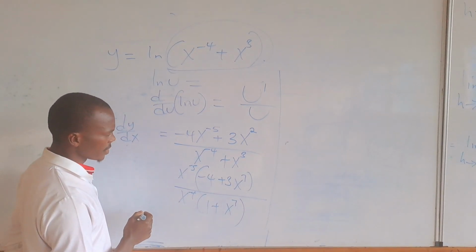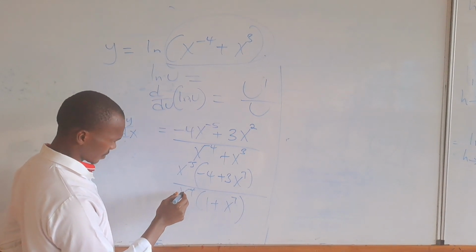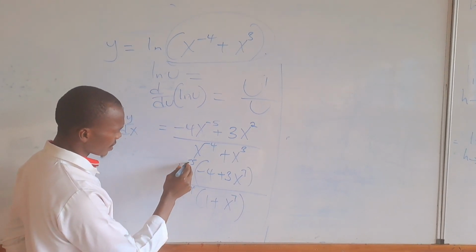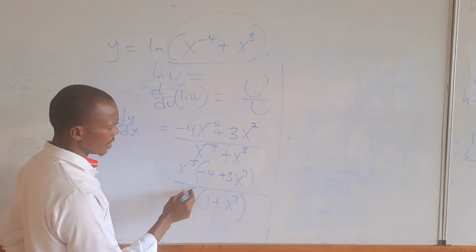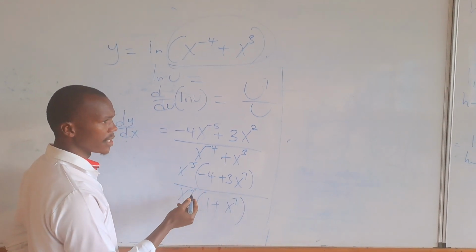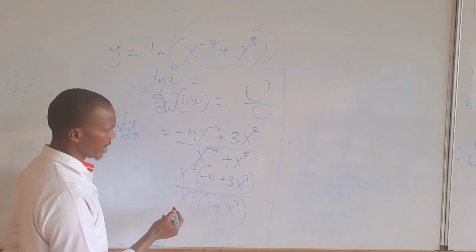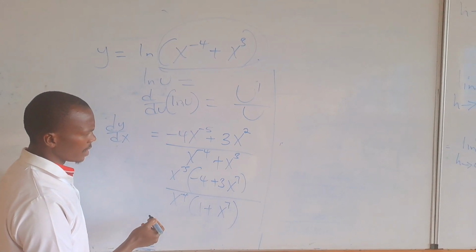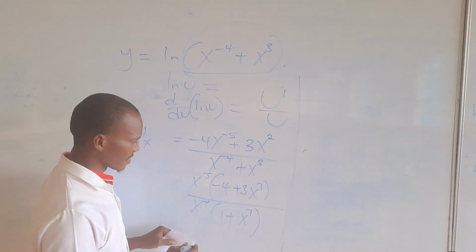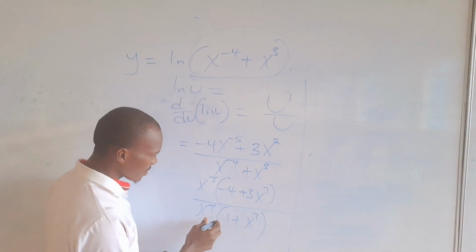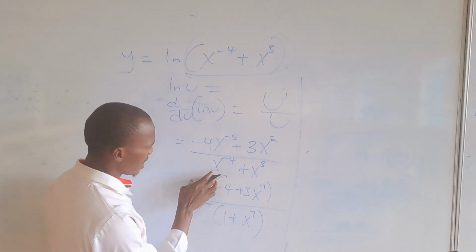Then this one can also go there. Because we have x raised to a power, we add the powers. So this one, just divide this by this.